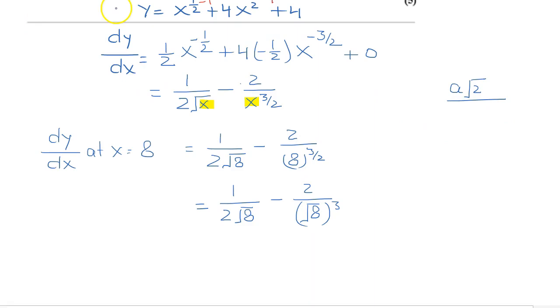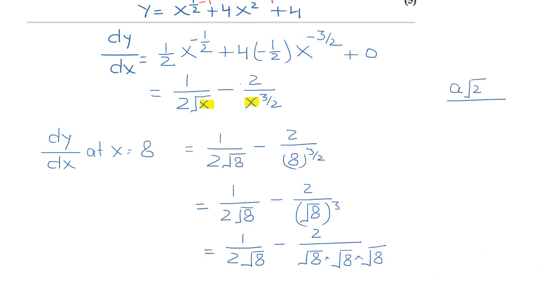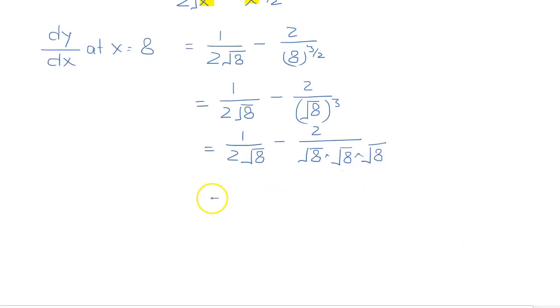So this will be equal to 1 over 2 root 8 minus 2 over root 8 multiply root 8 multiply root 8. We are trying to get root 2, that's why we are not solving this here. So this is 1 over 2 root 8 minus root 8, and root 8 times root 8 is 8, so minus 2 over 8 root 8.